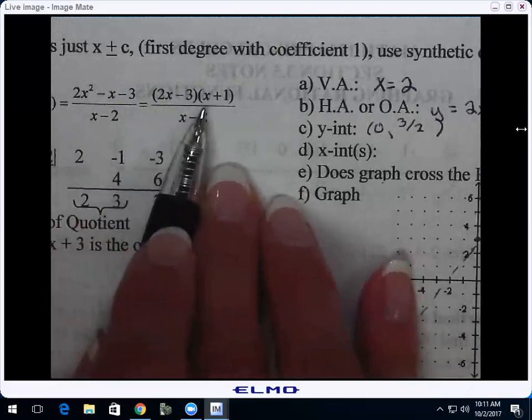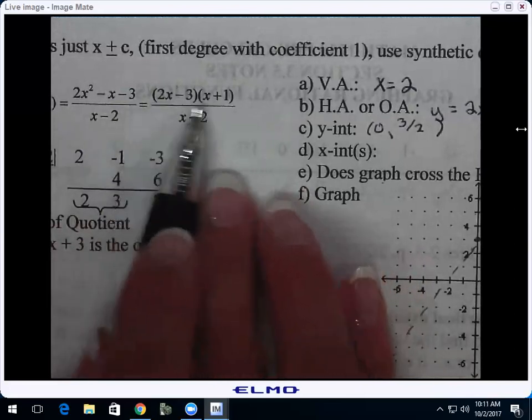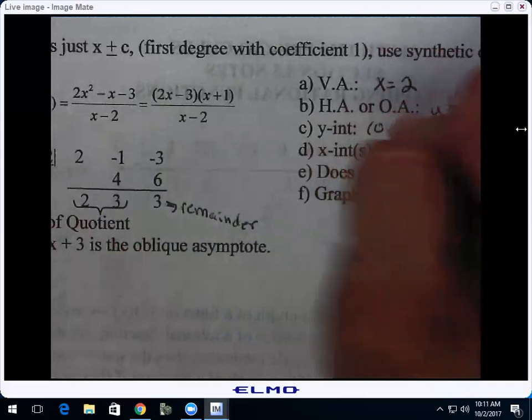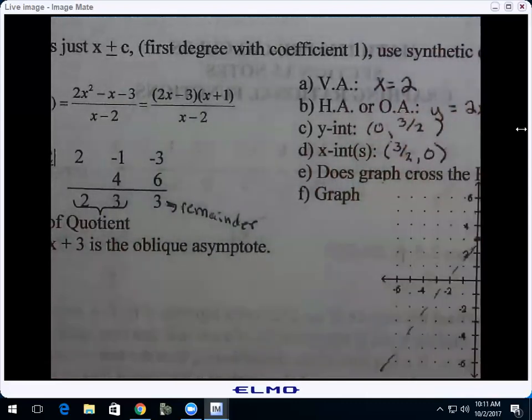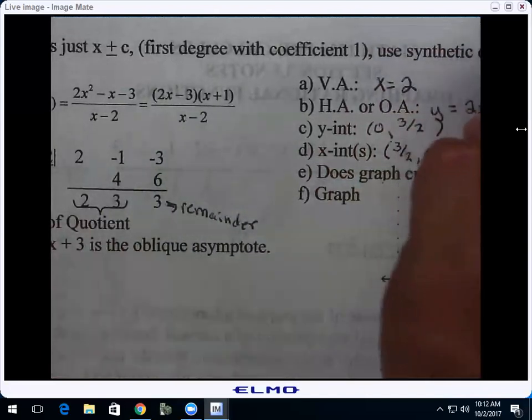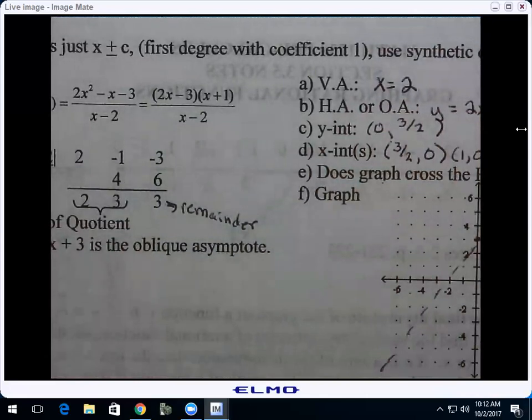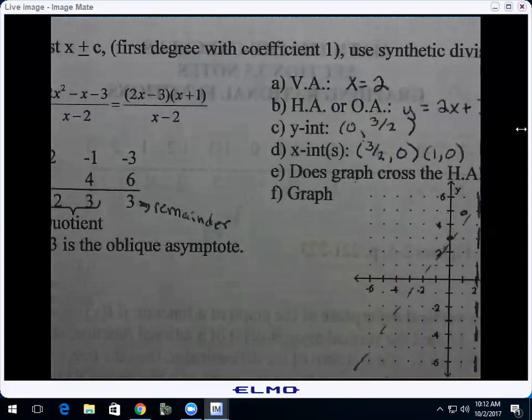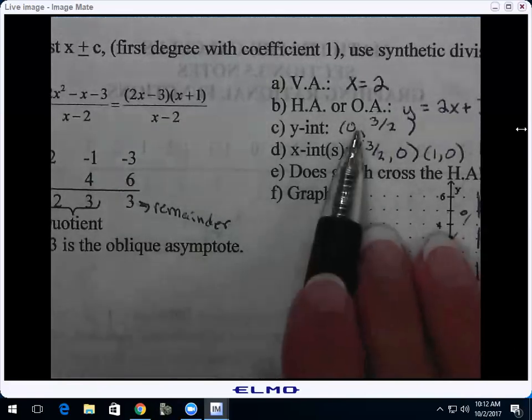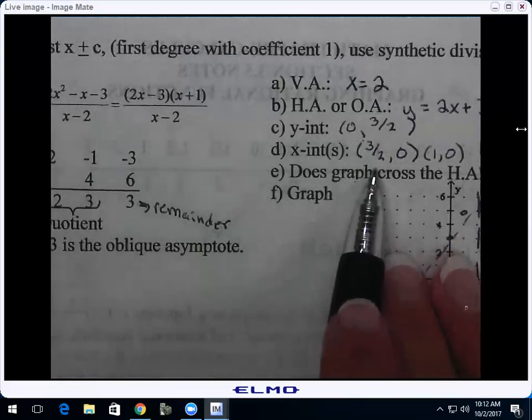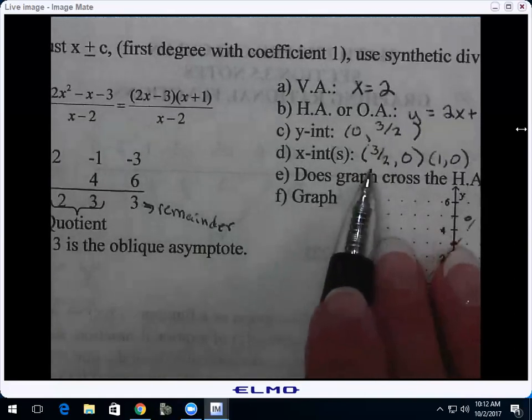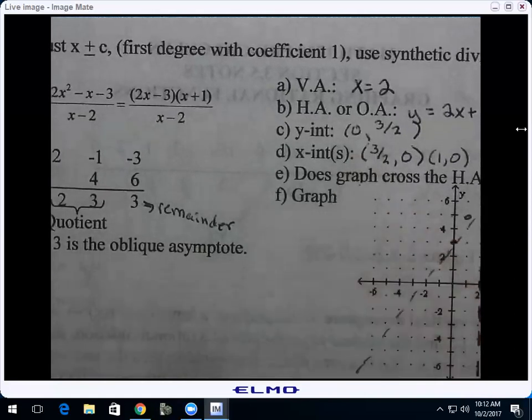In factored form, I could tell if I set each one of those factors equal to 0, then I'd get 3 halves, 0 for one of the x-intercepts, and 1, 0 for the other x-intercept. Is this 0, 3 halves the same as that 3 halves, 0? No, that's just a coincidence. But that's 2 different points.